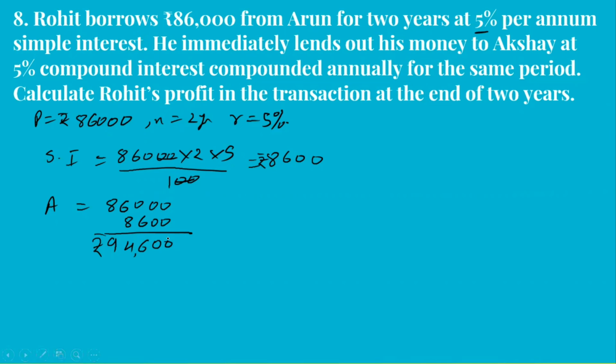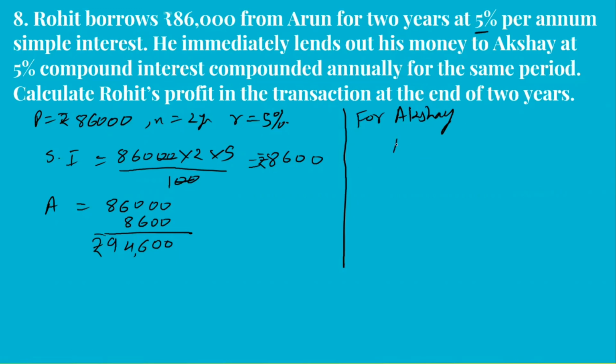Clear? Now let us find for Akshay. For Akshay, he has lent the same money. So 86,000, whatever he has taken, that he has lent to Akshay immediately, for 2 years at compound interest 5% per annum.